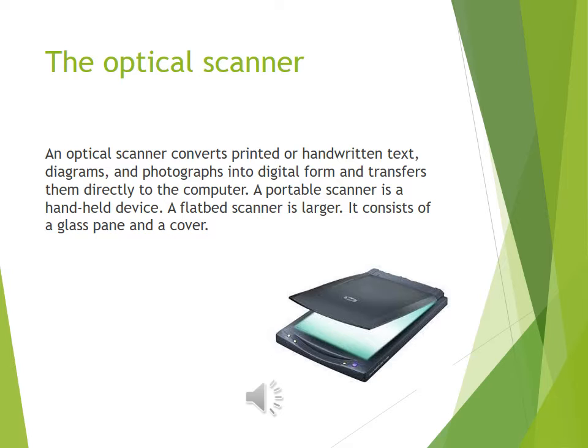A portable scanner is a handheld device, and a flatbed scanner is larger, which consists of a glass pane and a cover. The digital image can be displayed on the monitor, modified, printed, and stored for later use.